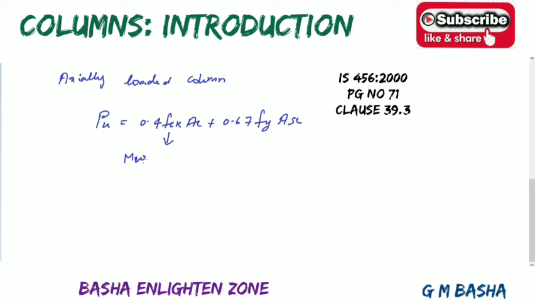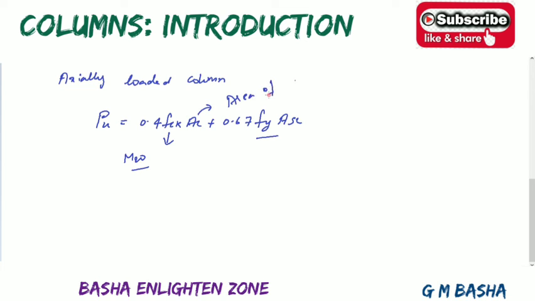If M20 grade is given, take 20 Newton per mm square. Similarly fy is the yield stress, Ac is the area of concrete, and Asc is the area of steel. I will tell you how to apply this formula.